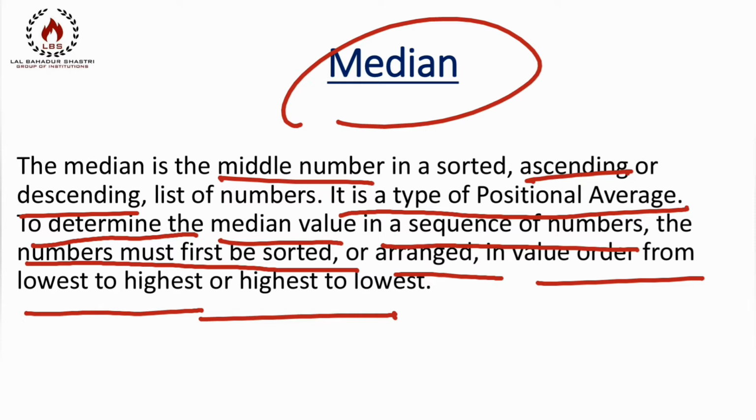And in individual series, we can apply the direct method, shortcut method, or step deviation method. All in all, we have three methods for calculating mean. But in case of median, we only have one method for each type of series. For individual series, we have one formula. For discrete series, we have one formula. And for continuous series, we have only one formula.